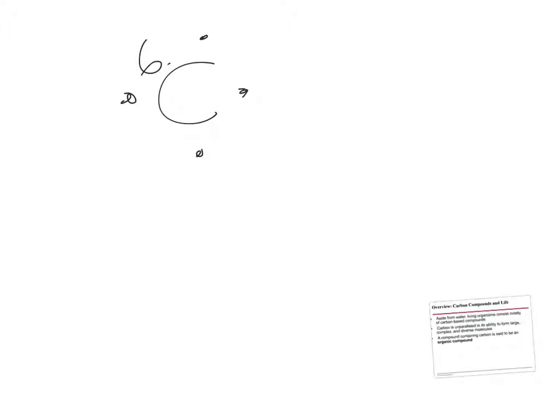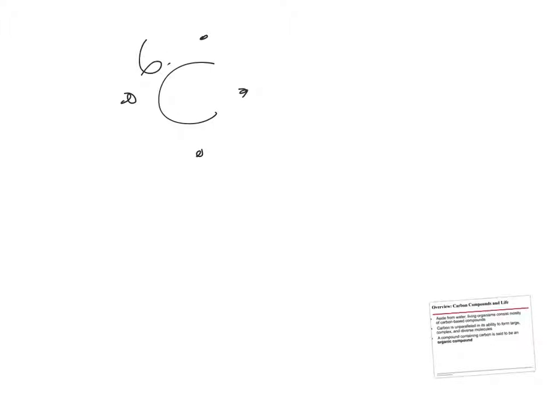The structure of carbon, and the fact that it can make those 4 bonds, its structure leads to its versatility. Okay? We're going to talk about organic compounds now, those that include or have carbon inside them, or are composed of carbon.